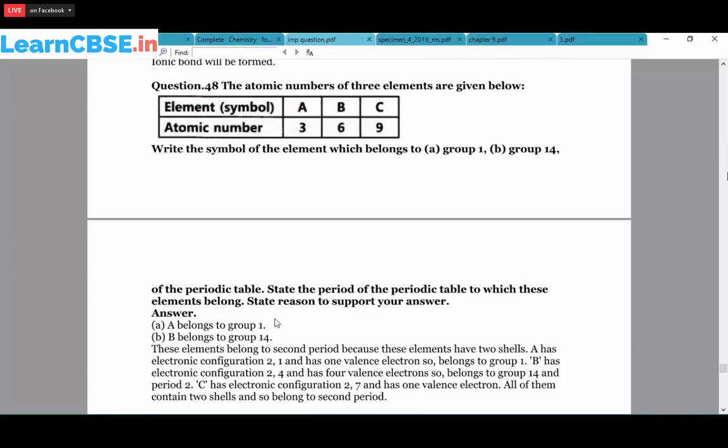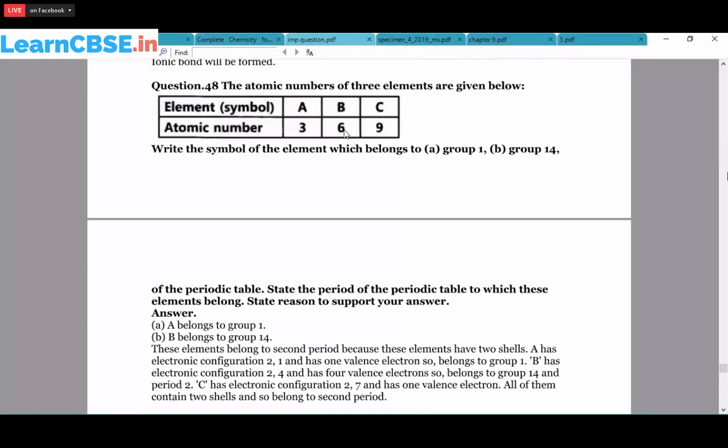A belongs to group 1 because it has atomic number 3, so its configuration is 2, 1. B is present in group 14 because it has 6 electrons.